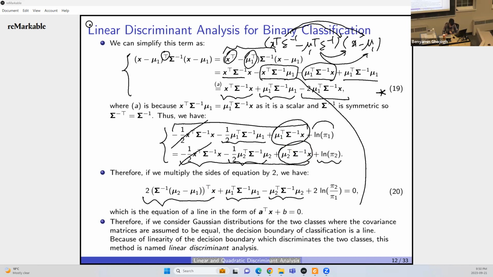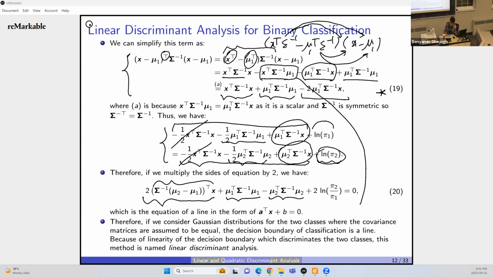Do you agree that I can factor out sigma inverse, and also apply a transpose? It becomes mu2 minus mu1 transpose sigma inverse, because transpose reverses the order. And what about these two? They are logarithms.